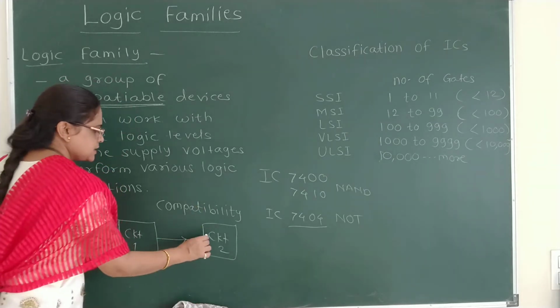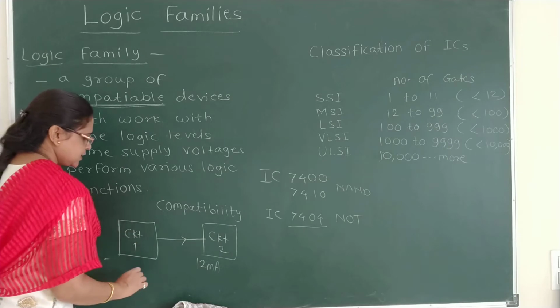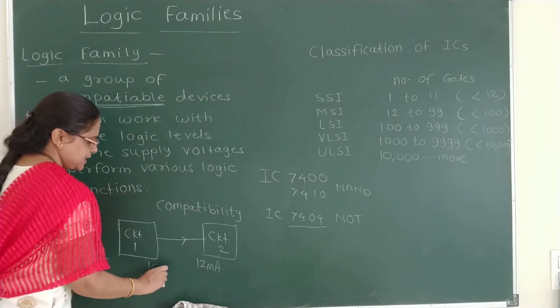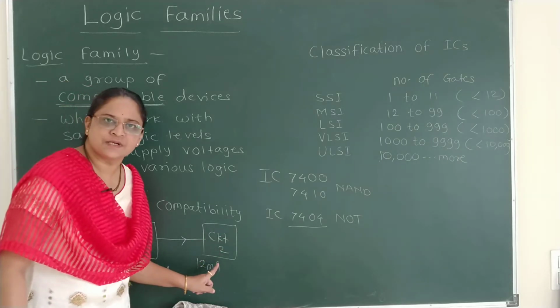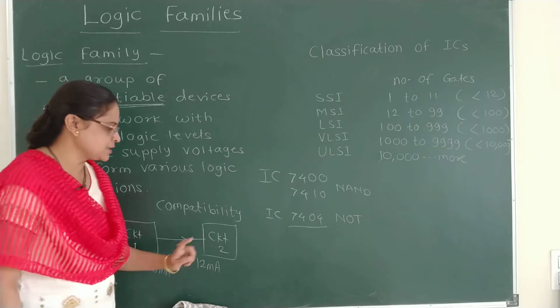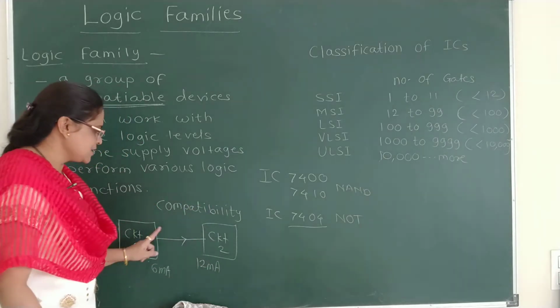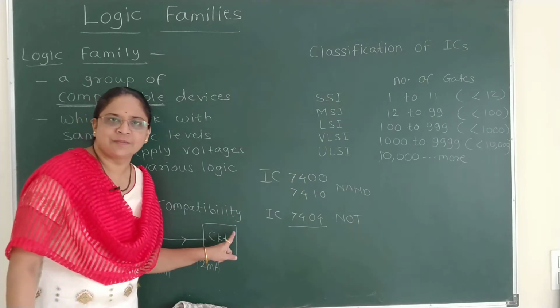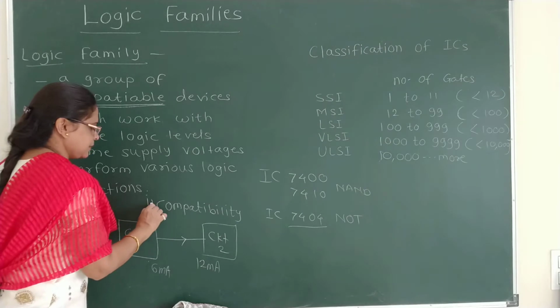For example, circuit 2 needs 12 milliampere as input current and circuit 1 is generating 16 milliampere. This current can fulfill the requirement of circuit 2. But if circuit 1 is generating 6 milliampere and circuit 2 needs 12 milliampere, there is a mismatch. The circuit is not fulfilling the current requirement of circuit 2, so it is said to be incompatible.